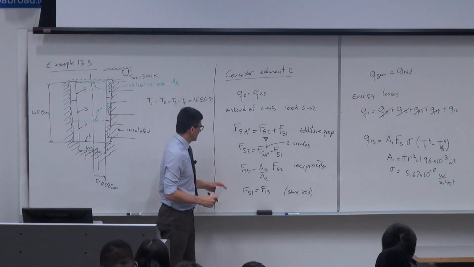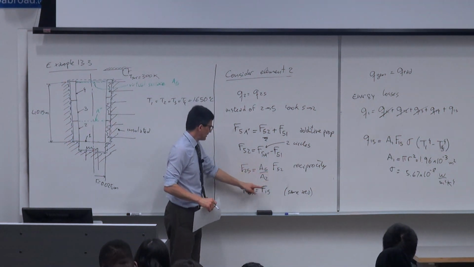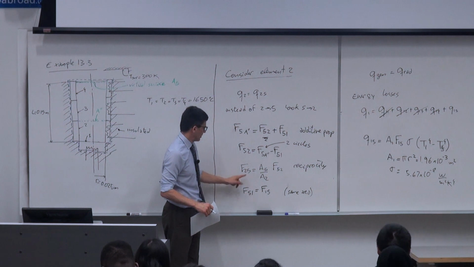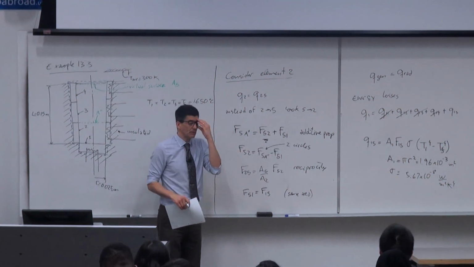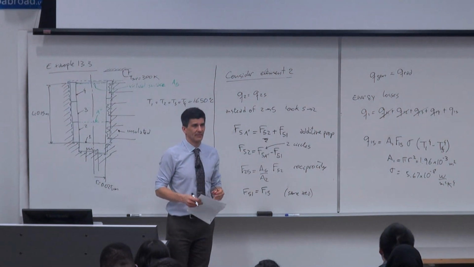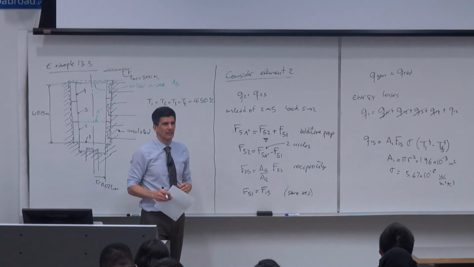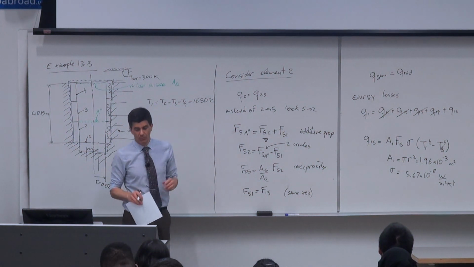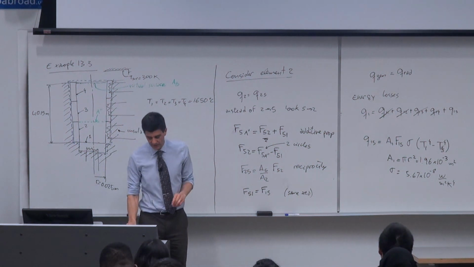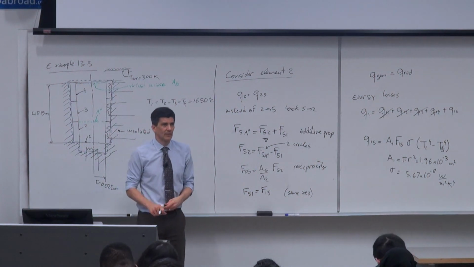Bottom line, this was easy to calculate. This one you already knew. You take these two and you get the F52, which was the difficult one. This is way beyond just your intuition.